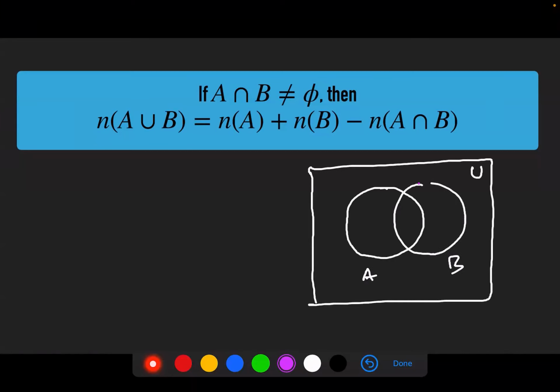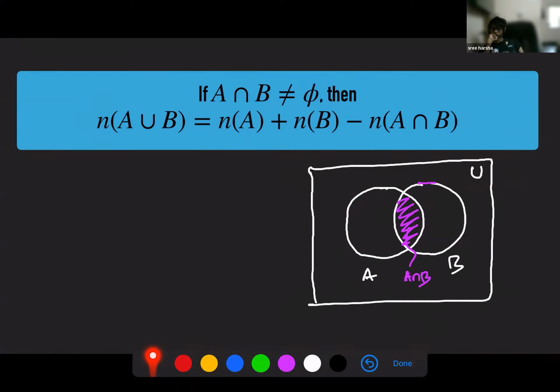This is your A intersection B. Now in this case, when you try to get how many students are there in the union set A union B, you might add the number of elements in A and then add the number of elements in B. So when you add, can I say that you are actually adding the elements in the overlapping region twice? Because you are adding twice, you remove them once so that you get the correct number of students.